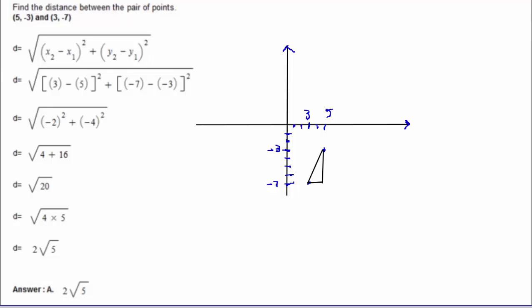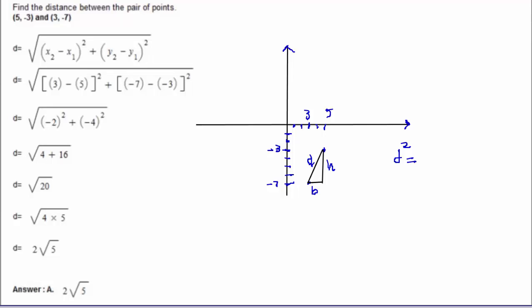So you see that the hypotenuse would be the distance here. So the hypotenuse, the distance, or D, D squared is equal to this height here. I'm going to call this a height, and this is a base.